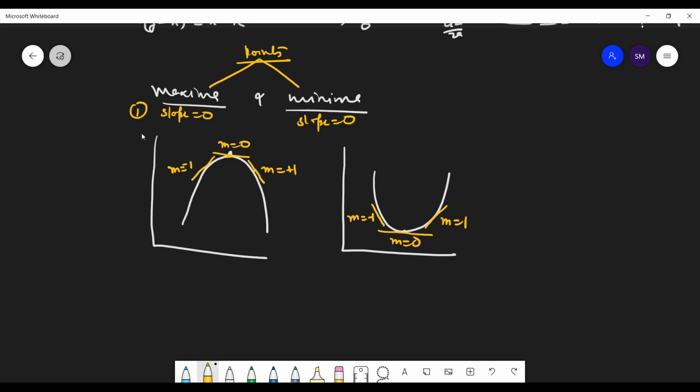So tell me, in case of minima, is the slope increasing or decreasing? Slope of slope. See, m is the slope. So what is the slope of slope?